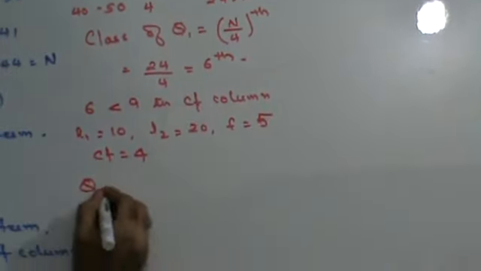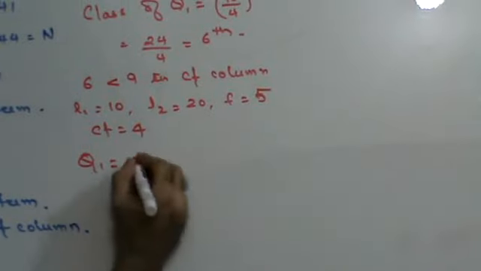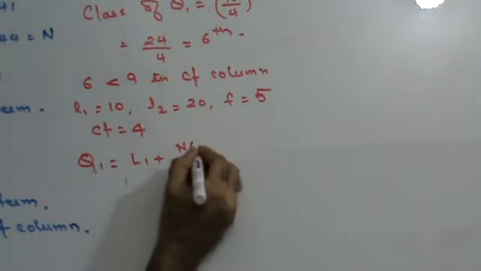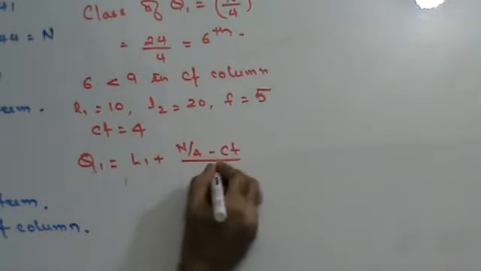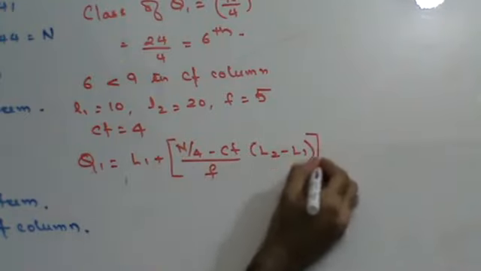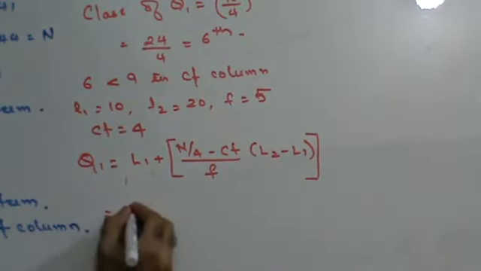Now, when class intervals are given, Q1 is given by the formula L1 plus (n by 4 minus CF) upon F, times (L2 minus L1). I'll show you the solving for one of them, then you can do the remaining on your own later.